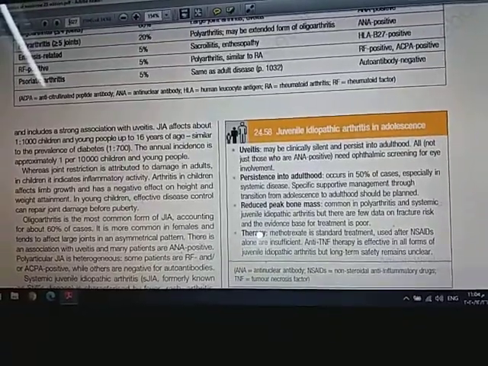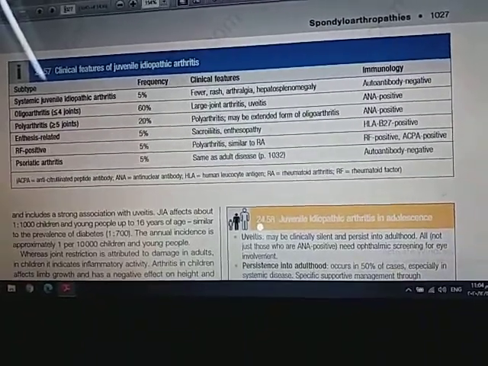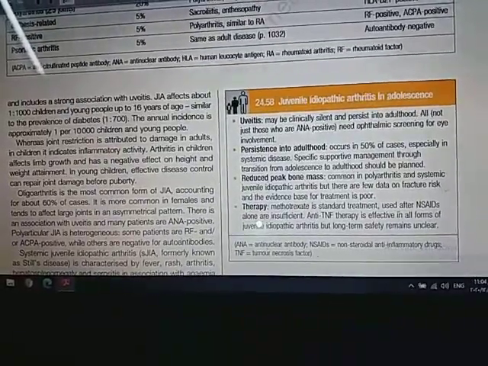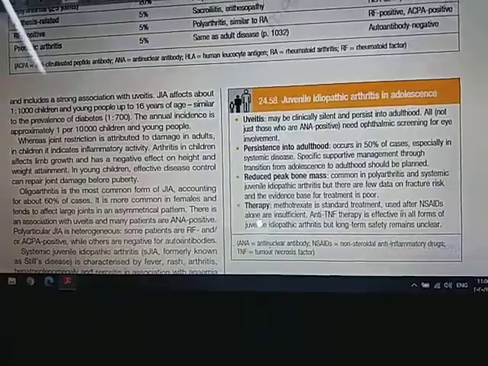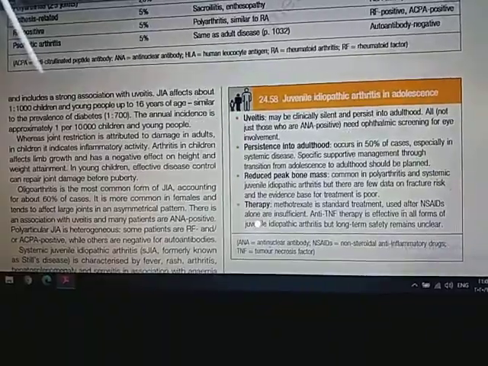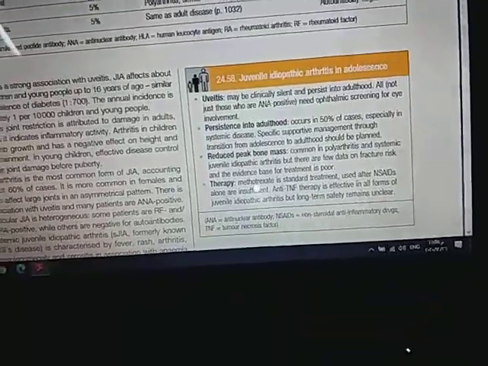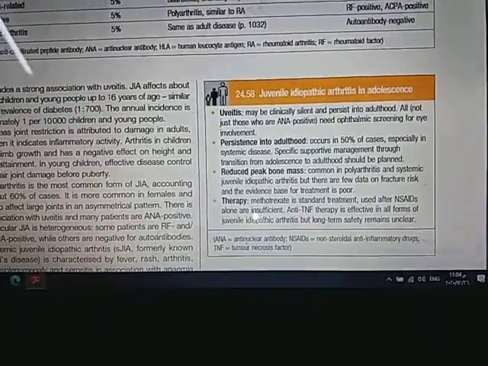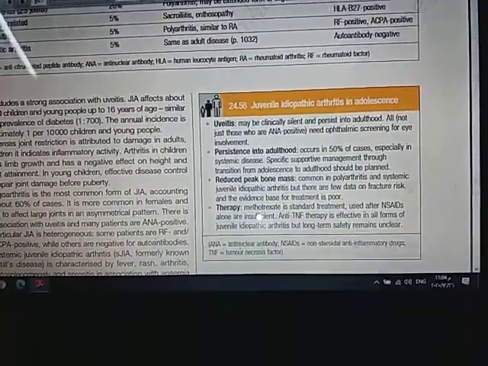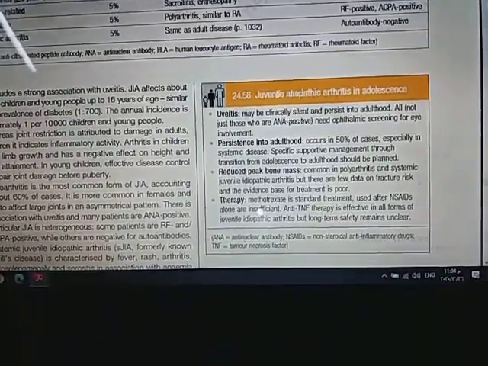Systemic occurs only in 5% of patients. There is the risk of uveitis, and the risk of arrest of joint development. Treatment is by non-steroidals and disease-modifying drugs.